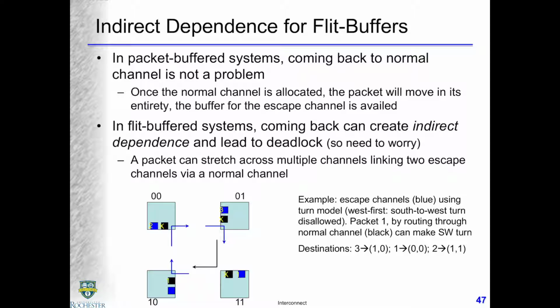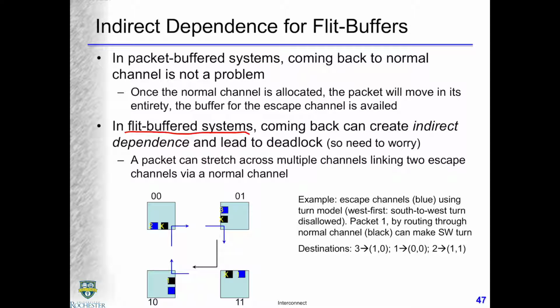Okay, so let's say this is a very contrived example to show this, right? Suppose I have a flit buffered system, which means I may not have enough buffer per node to hold the entire packet, okay? And so you can see I have only one flit buffer per node.